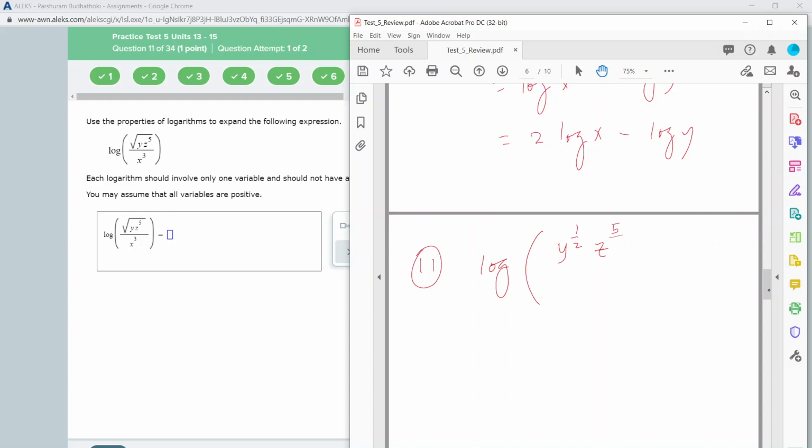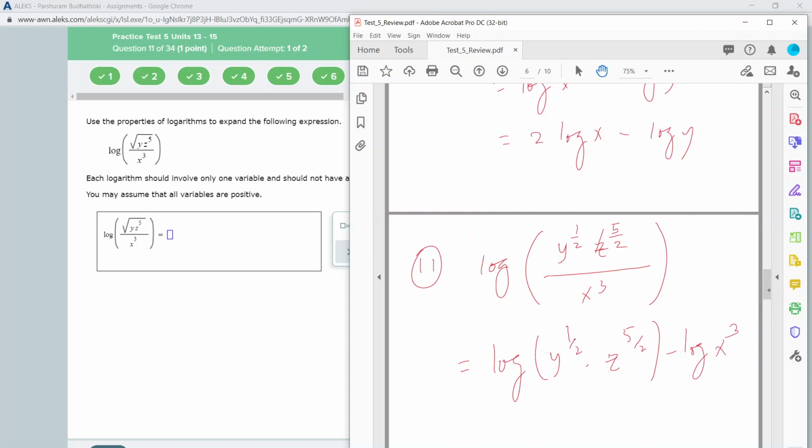So eventually it will be z to the power 5 half, and over x cube. If I use the log property, because there is the quotient, it is the log of y to the power half times z to the power 5 over 2, minus log x cube.